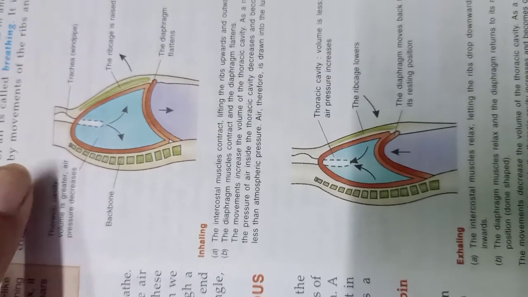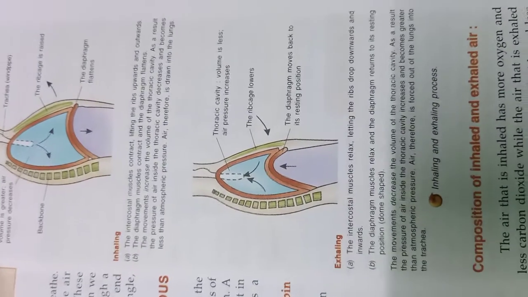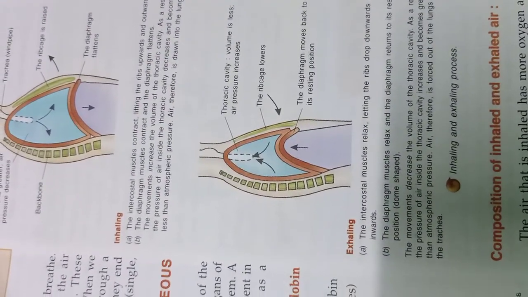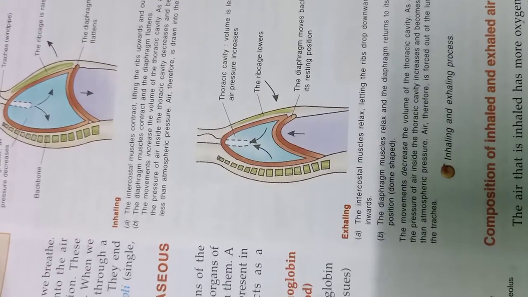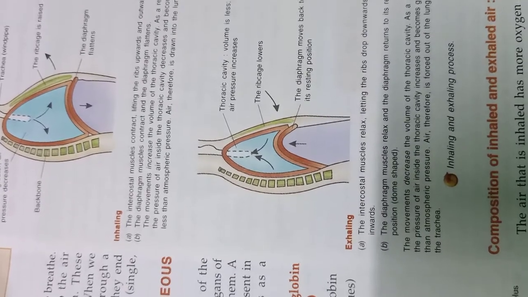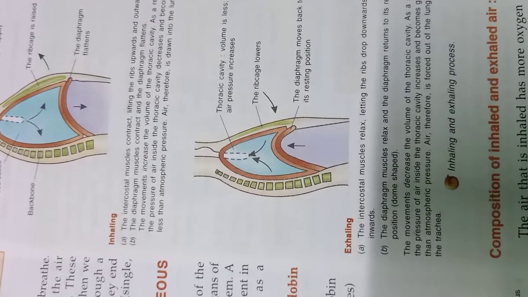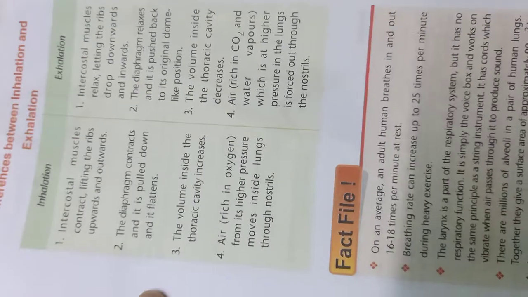In this way, the air reaches the lungs. Then for the exhaling process, you can see here that in the thoracic cavity the volume is less and air pressure increases. Then the rib cage lowers. When the air pressure increases, the rib cage lowers down and the diaphragm moves back to its resting position. So this is the movement of inhaling and exhaling of air.